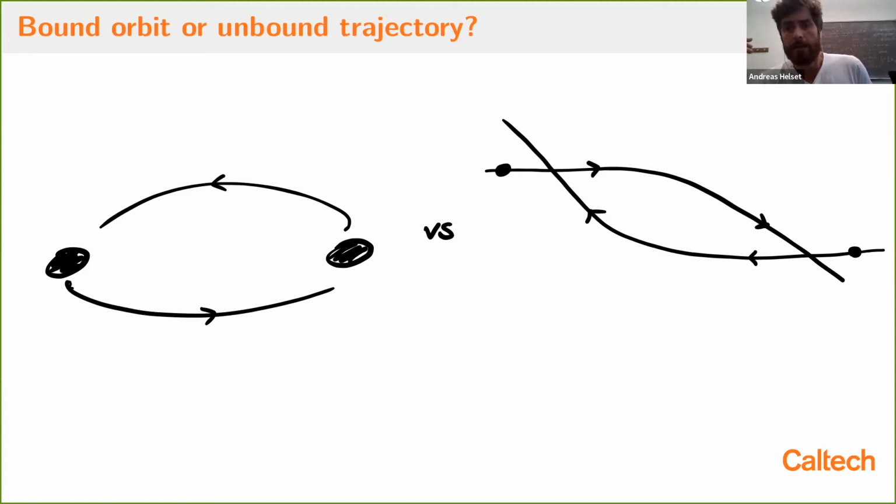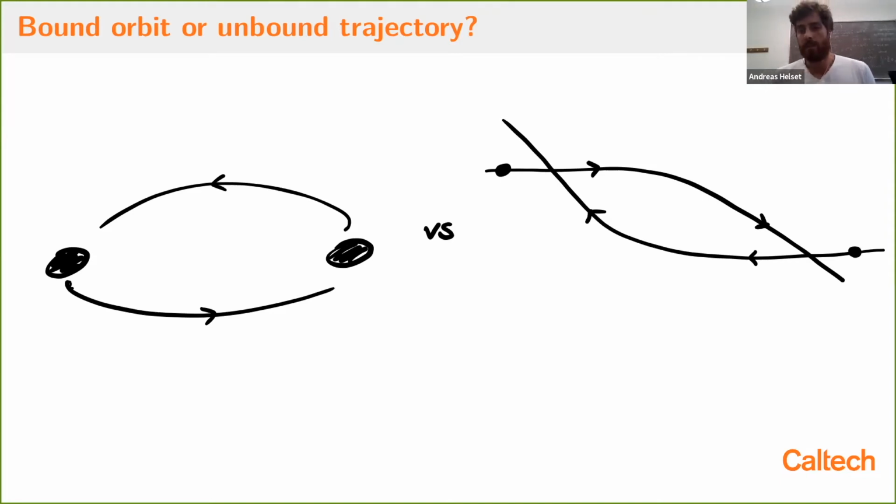It is a good point, because the actual physical system is a bound orbit, while the thing we calculate with scattering amplitudes is an unbound trajectory, and they are just different things. But the important point is that the information that we can extract from the scattering event can then be used to gain information about the bound orbit.